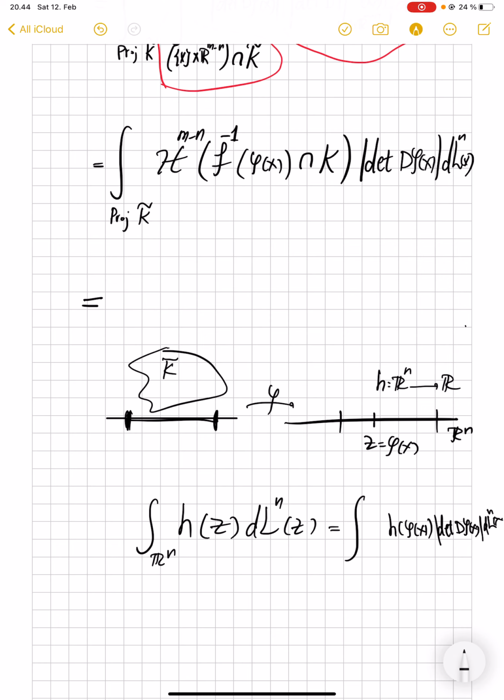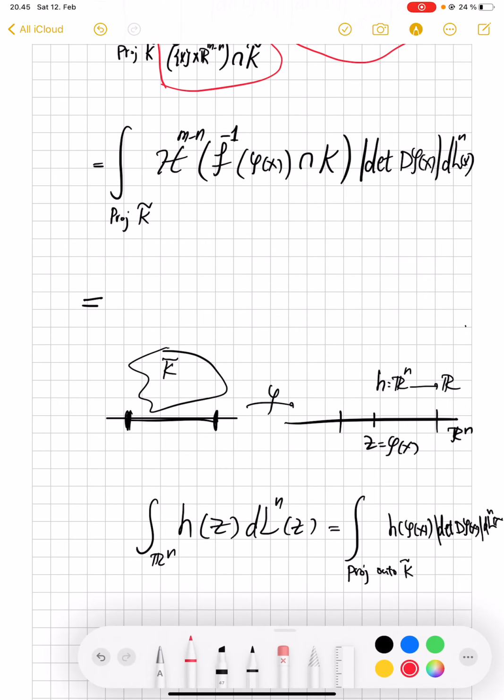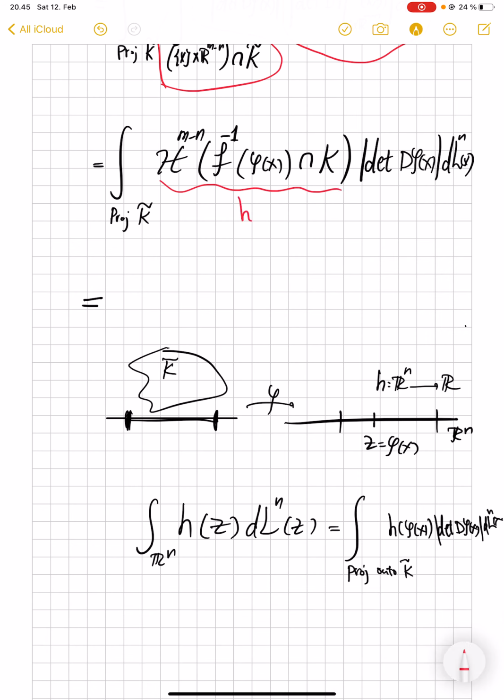Over now the pre-image, which will be this projection onto k tilde. Right, that will be the u substitution again for integrals, and phi is particularly nice, C1 in fact, on an open domain containing this projection. Now when you compare this formula to this quantity here, there is h of phi of x, and this is the determinant of the Jacobian.